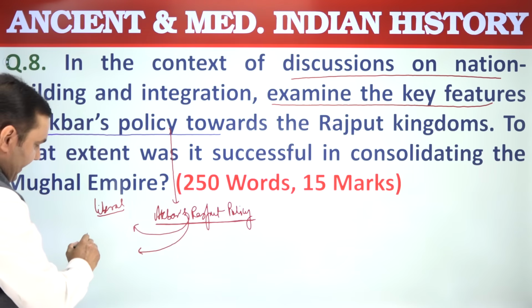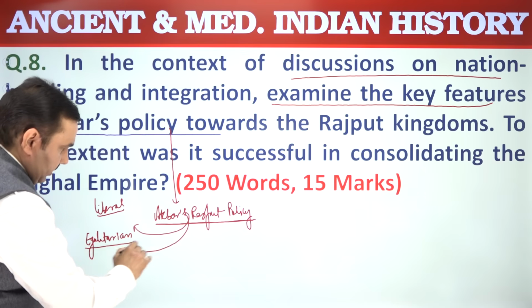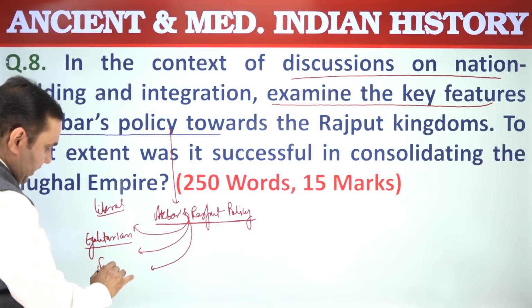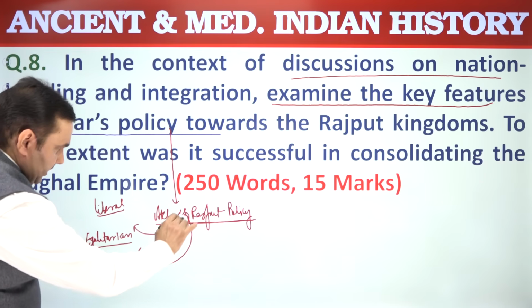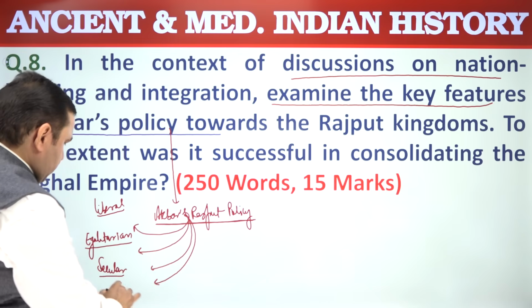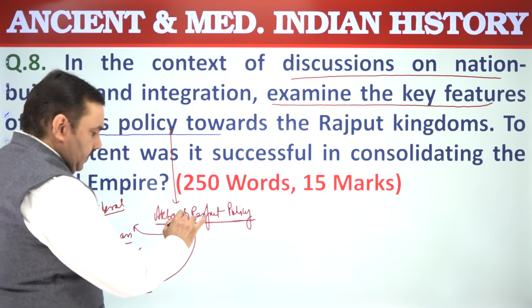It was egalitarian in outlook. Rajput nobles were treated equal to the Mughal nobles or Irani Turani nobles. It was secular. He did not allow religious elements to dominate his relations with Rajputs. It was inclusive. He tried to win over Rajputs onto his side in every possible way.